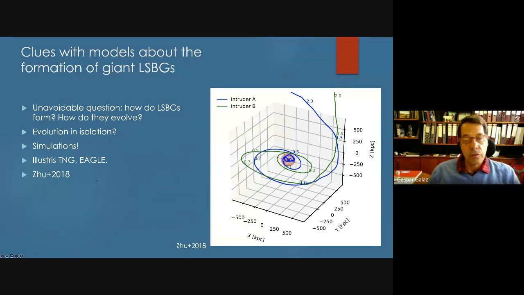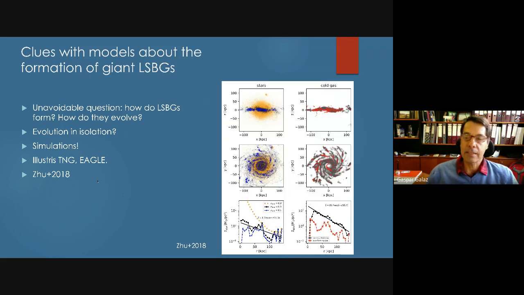Also, you can see Sue in 2018 did a very nice job showing that you can form a giant LSB from the collision of three galaxies, a normal elliptical collided by two spirals. And you obtain a very large low surface brightness galaxy, in fact very similar to Malin 1, for example.